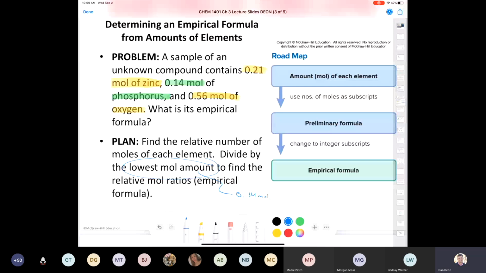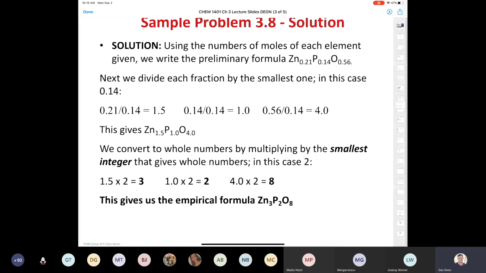I think I have it worked out for us here. This is one where I'm not going to walk through the whole thing with you. But if you take each one of those and divide it by 0.14, which is the lowest number, we end up with these interesting numbers, 1.5, 1, and 4.0.